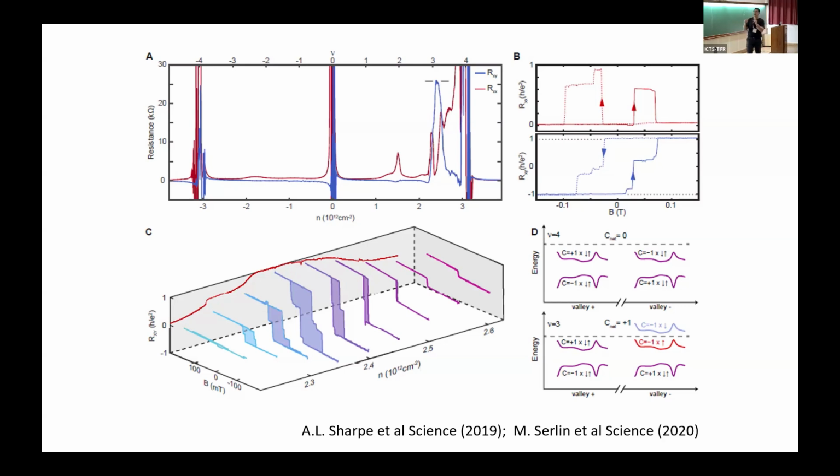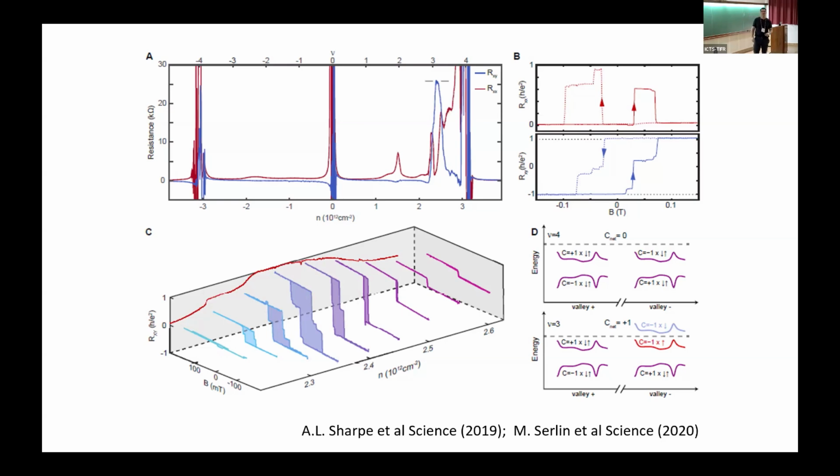And when they do that, the A sublattice and the B sublattice of carbon feel different potentials. And because this C2Z symmetry interchanges these two sublattices, they actually explicitly broke this symmetry with the alignment to the hBN.